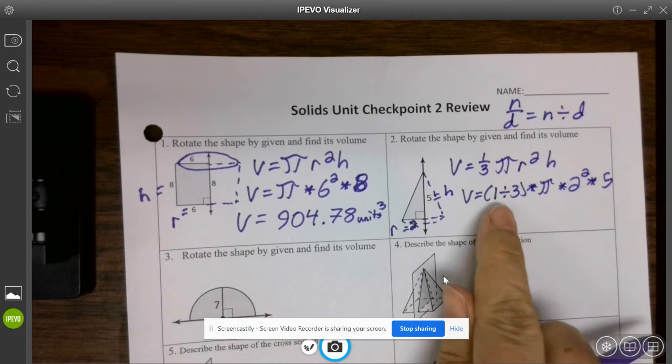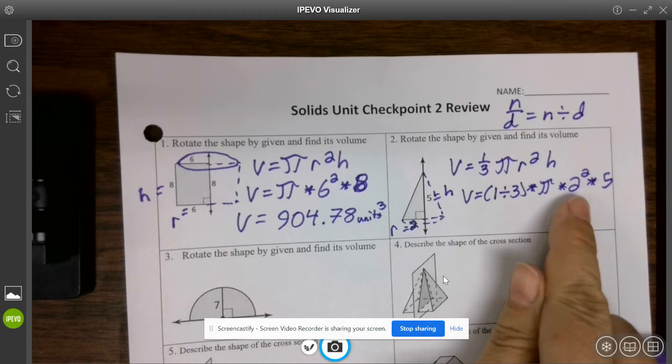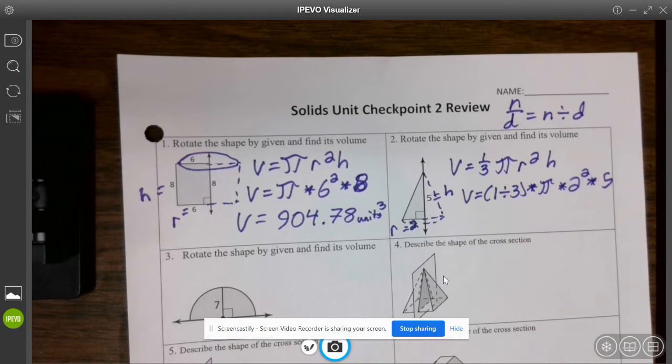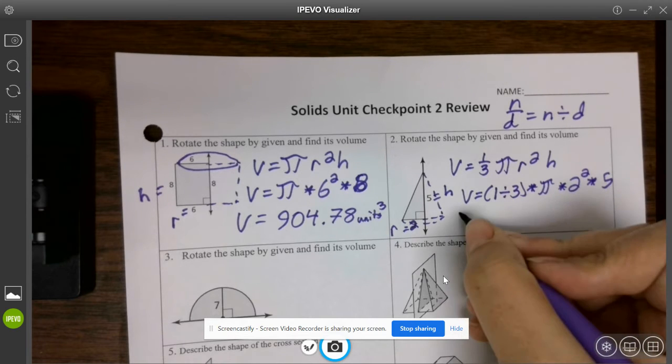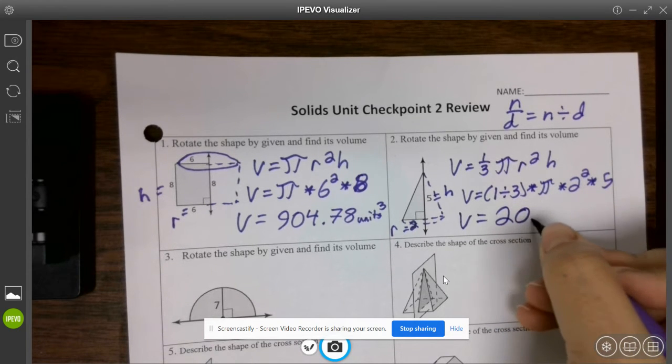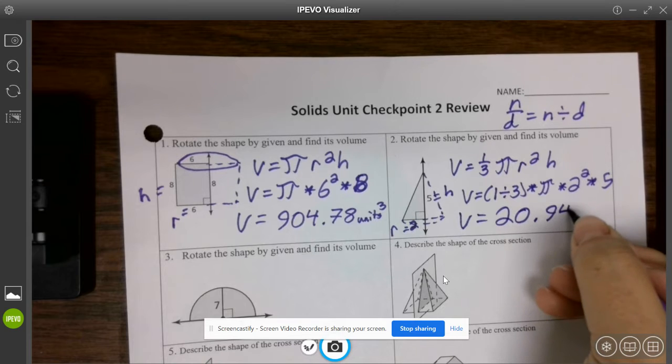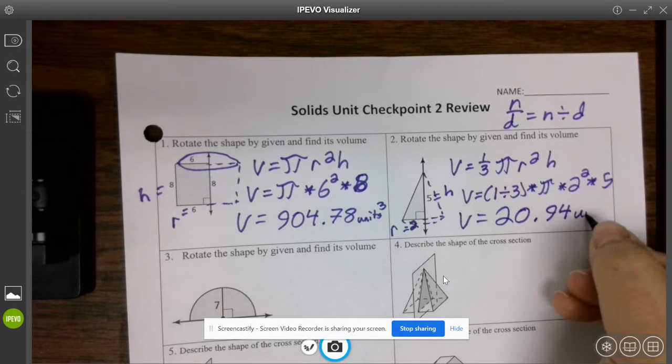So 1 divided by 3 times pi times 2 squared times 5. We put that on the calculator and we get 20.94 units cubed.